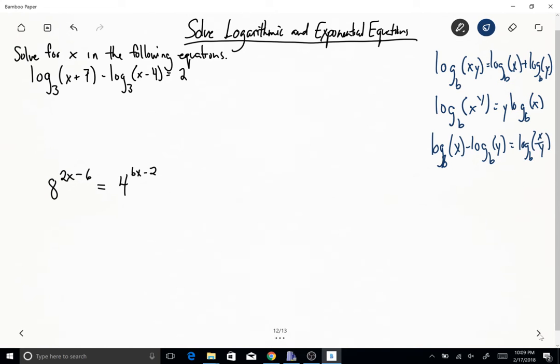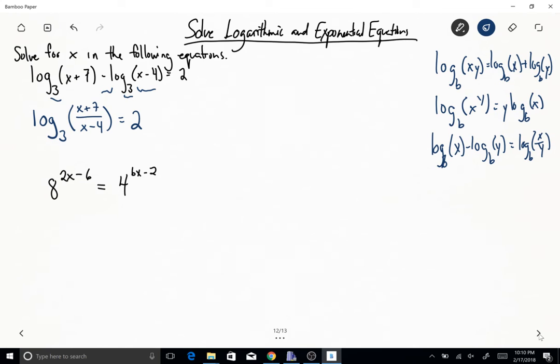But notice, this is where the minus sign occurs, so this is going to be combined into a single logarithm since our bases are the same. And that second portion is going to be down on the denominator. So we have log base 3 of, so x plus 7 goes up top in this single logarithm, and x minus 4 goes down below, and that thing equals 2.